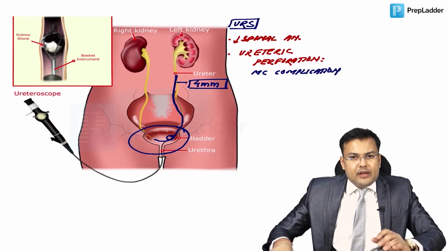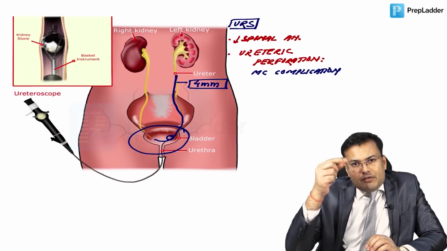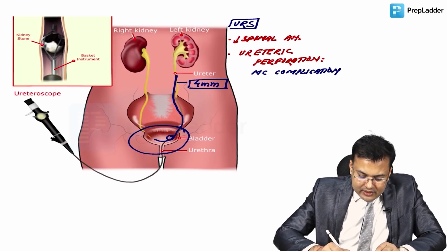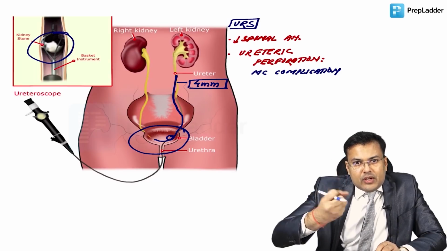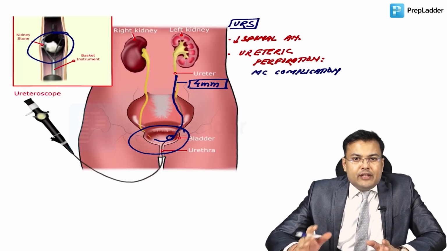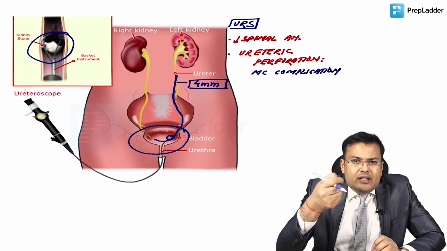Okay, simple. Now, what can you do with the help of this ureteroscope? Imagine you can visualize the ureter. If there is some kind of foreign body here, you can see there is a stone. So if there is a stone, with the help of Dormia basket, you can remove the stone. You can break the stone, then remove the stone. If there is a foreign body, sometimes you have noticed that a DJ stent is inserted.